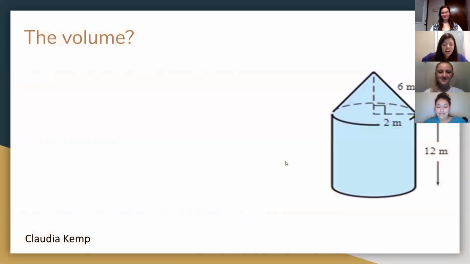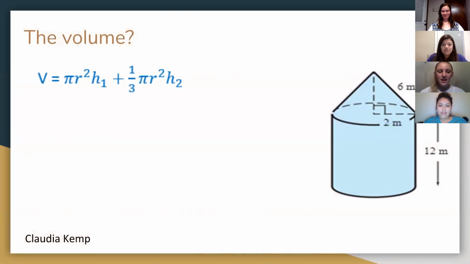Hey, Claudia, how would you find the volume of a shape similar to the one that Cece just showed us? Great question, Jasmine. That volume concept can be a little difficult to grasp. So here we have a figure similar to the one Cece used with slightly different dimensions. In order to find the volume, we will use this equation here. R is the radius of the base, which is 2 meters. H1 is the height of the cylinder, which is 12 meters.